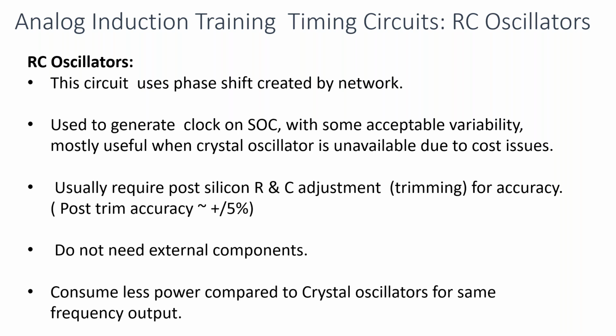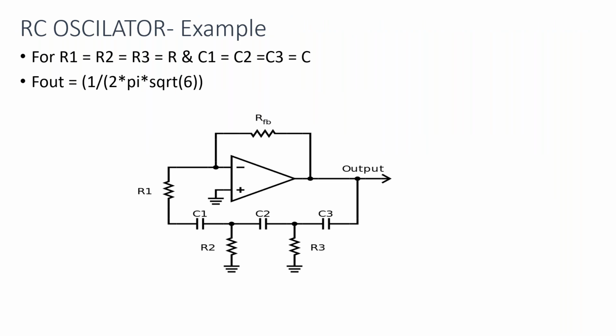So the trade-off is again cost versus your application. If your application can tolerate this kind of inaccuracy, you can go ahead, because there is no need for an external component, and another advantage is that it consumes lower power for the same frequency output. This is one example of an RC oscillator.